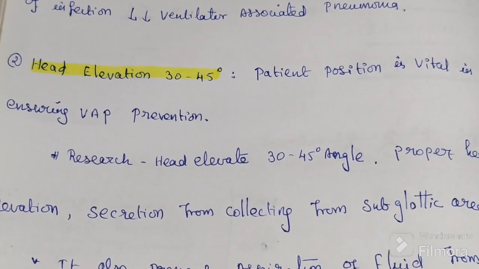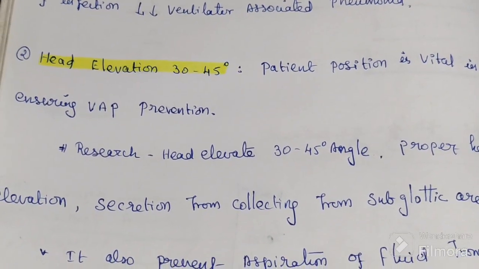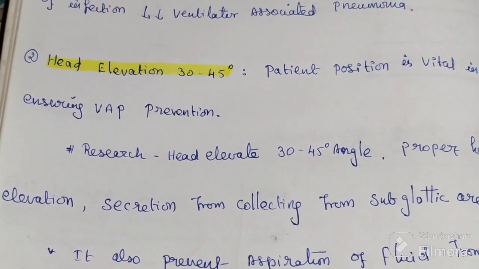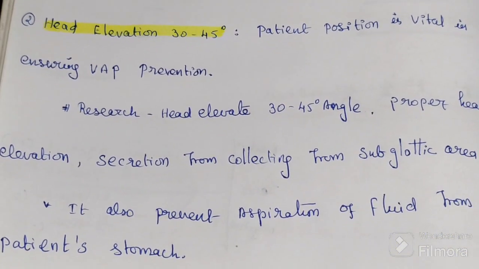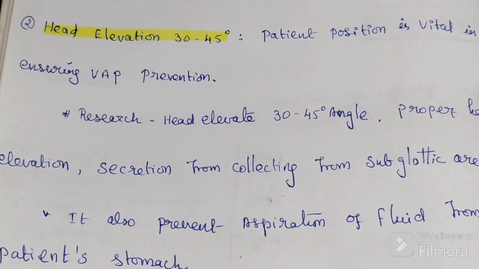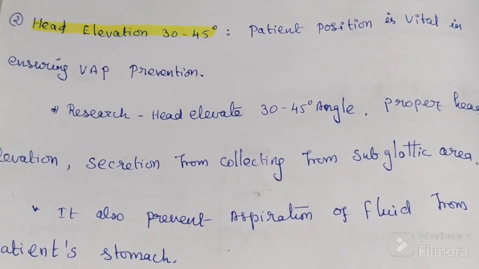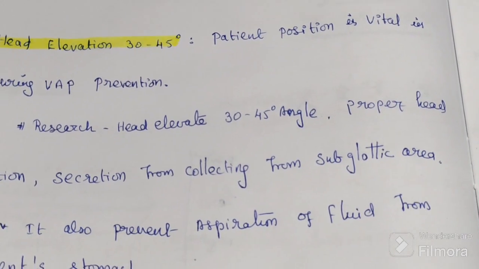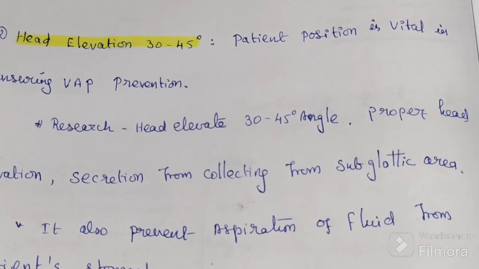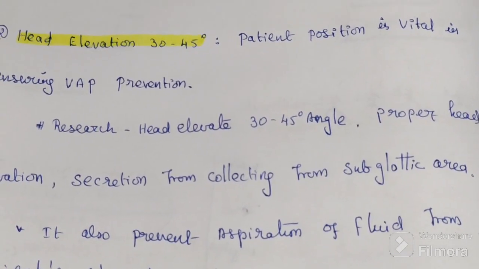Proper head elevation prevents secretion collecting from the subglottic area. It also prevents aspiration of fluid from the patient's stomach. So head elevation is 30 to 45 degree angle.